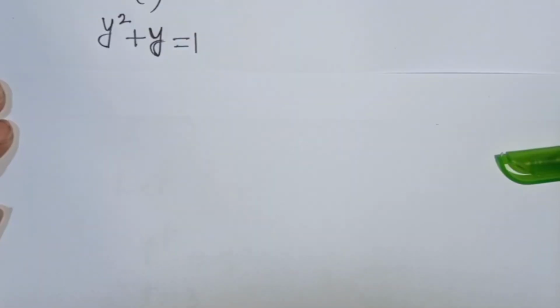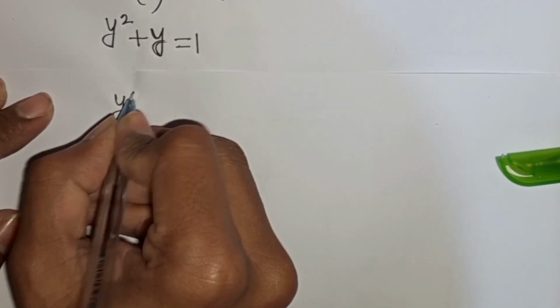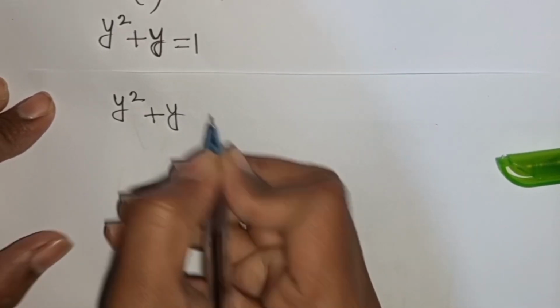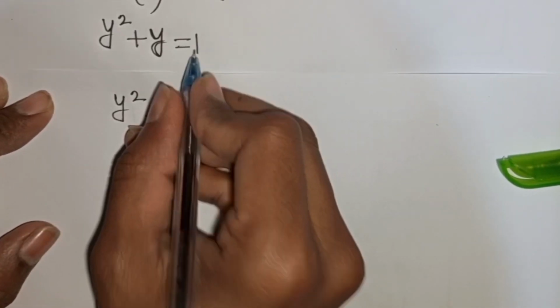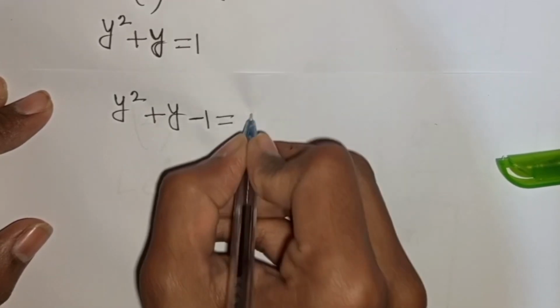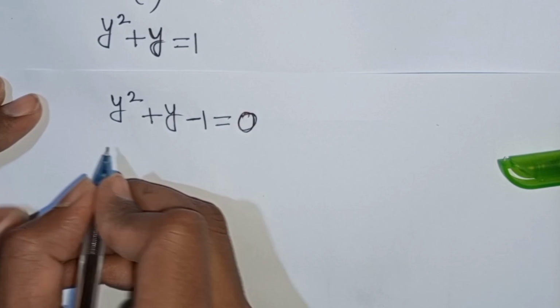Now we can write here y square plus y, then this plus 1 take to the left side, so this will be minus 1, then is equal to 0. Now here you can apply quadratic formula.